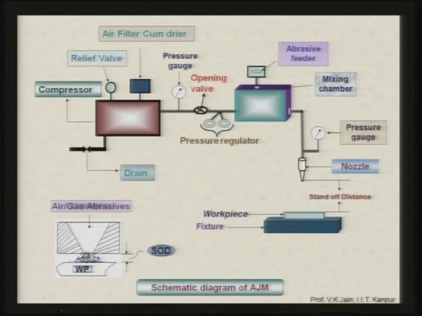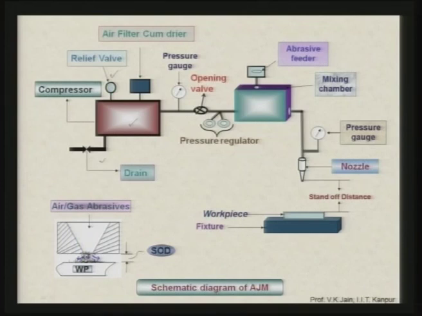There are various elements of the abrasive jet machining setup, as you can see here. There is a compressor which compresses the air to the desired pressure in the reservoir. If you want to reduce the pressure of the air inside the reservoir, then you can use the relief valve to reduce the pressure.